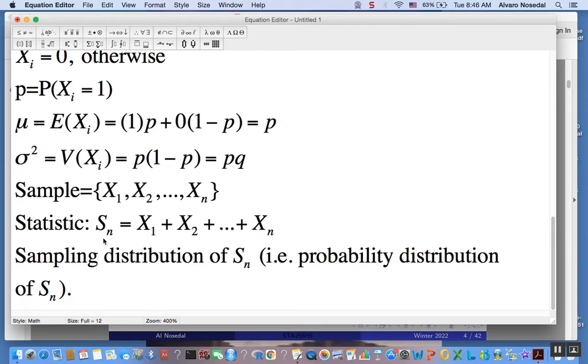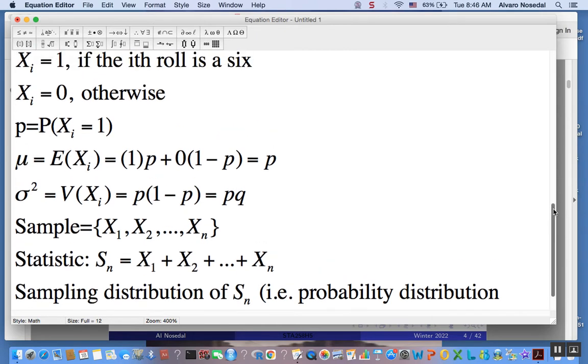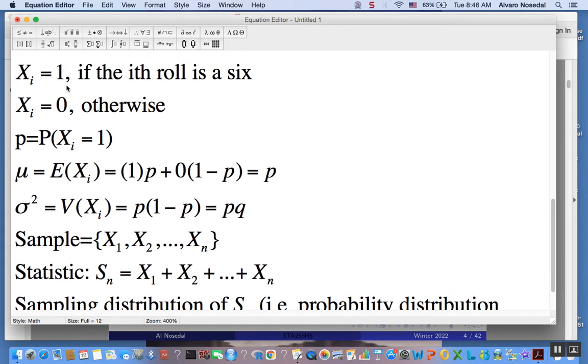Now, I take a look at this. Each of these is an independent realization of this kind of random process, rolling a die. Each of our xi's has a Bernoulli distribution.